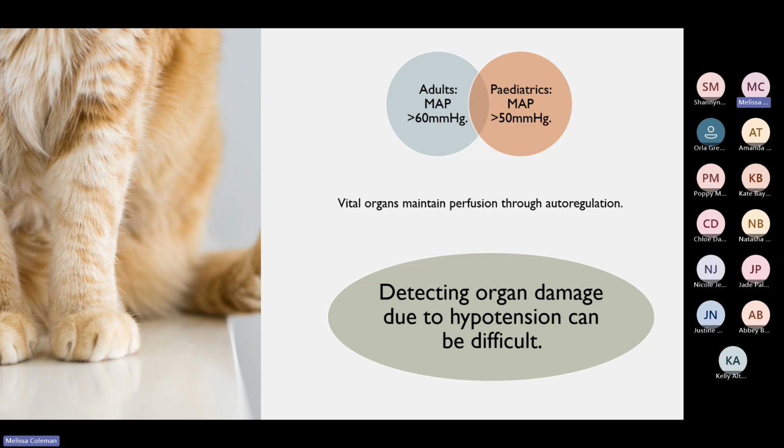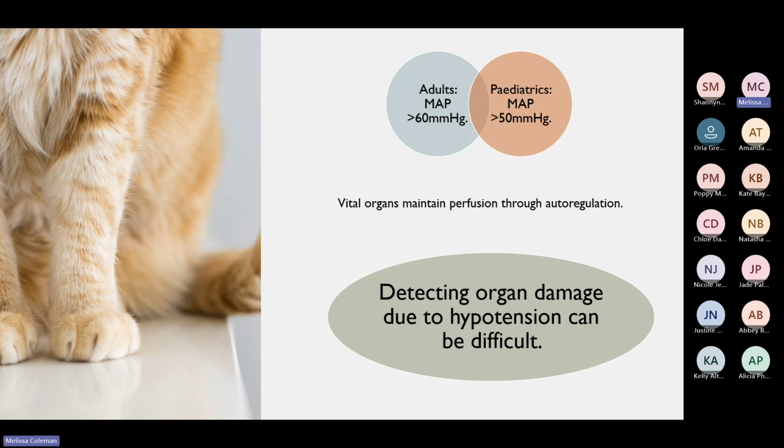It's really hard to keep their blood pressure up, but they do quite well with a blood pressure above 50. Most vital organs do auto-regulate with a blood pressure above 60. Your kidneys, your brain, your heart, your lungs, everything will just keep ticking on with a blood pressure above 60.